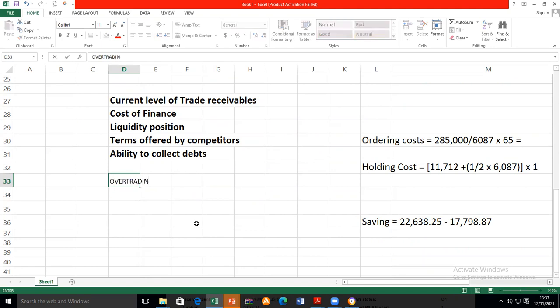Overtrading can be defined as doing too much within a short period of time with very little resources.